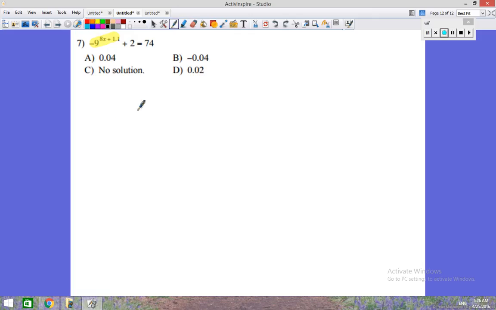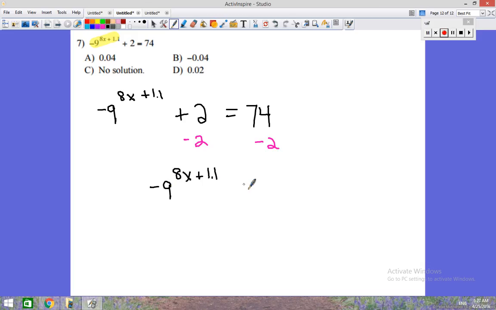We'll subtract 2 from each side. We'll divide each side by a negative 1.